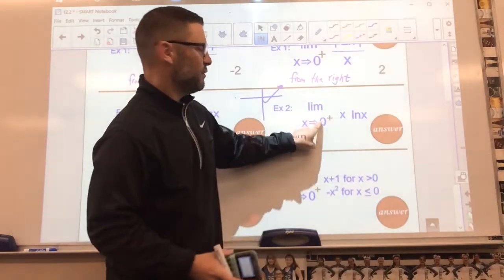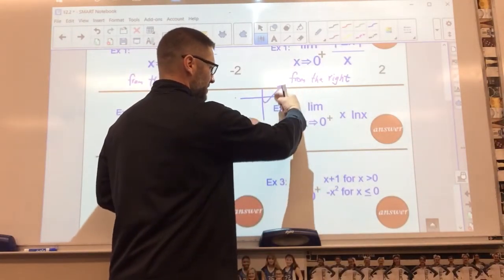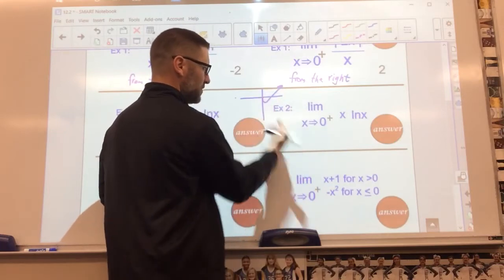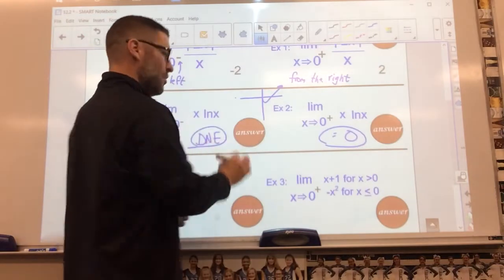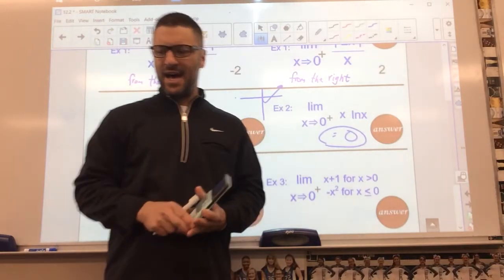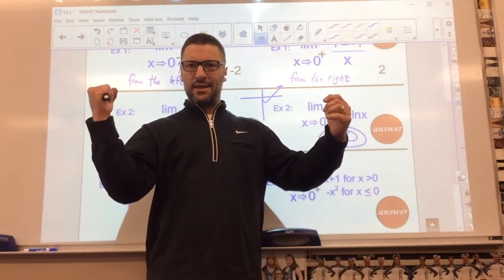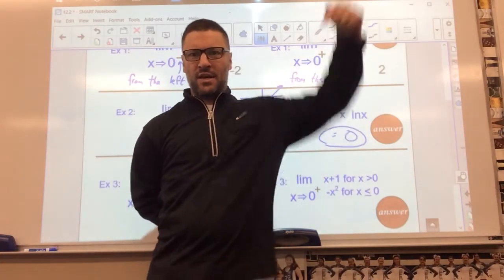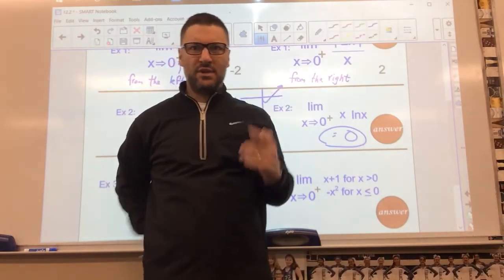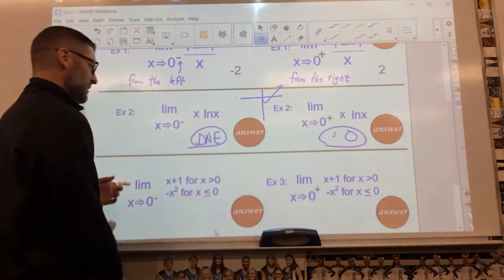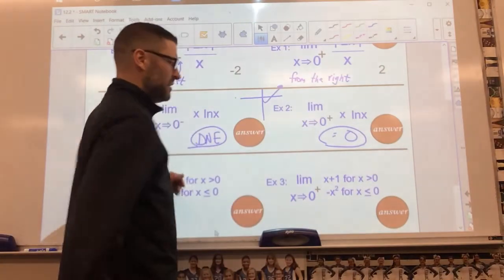Let's approach 0 from the right. Well, it's going to hook down there, and it's going to get closer and closer to 0. So that one is 0. What would be the limit as x approaches 0 from both sides? Well, you got nothing over here, so the limit would be does not exist. The left side limit also does not exist. The right side limit is 0.